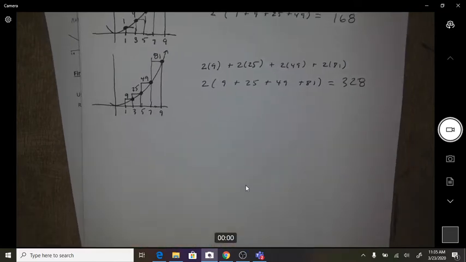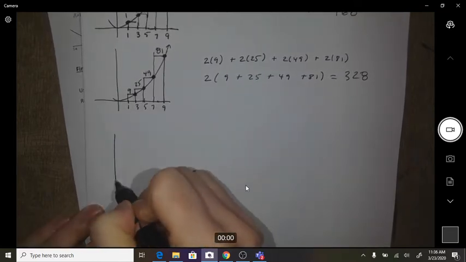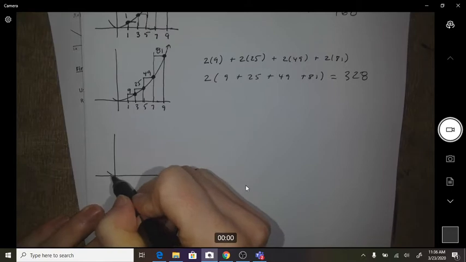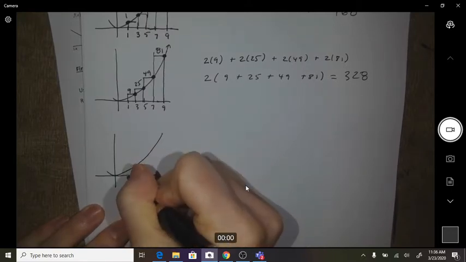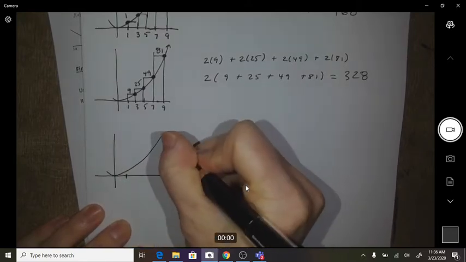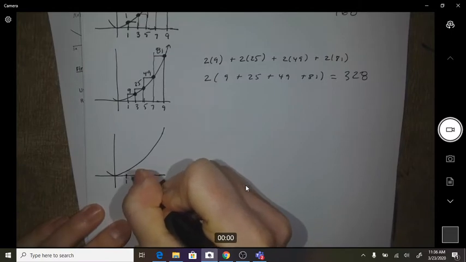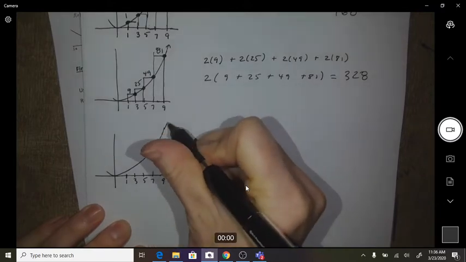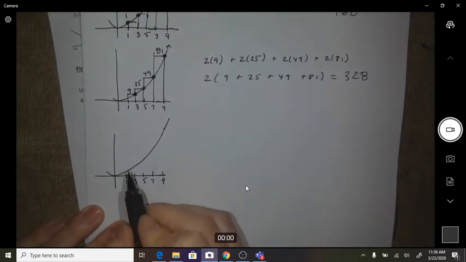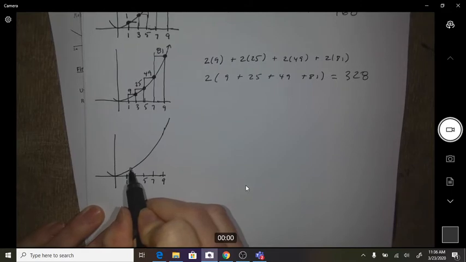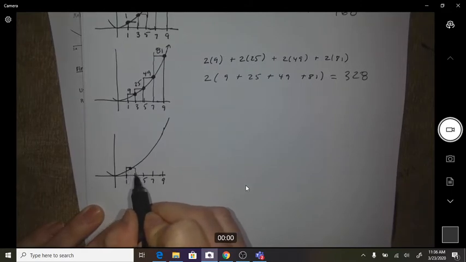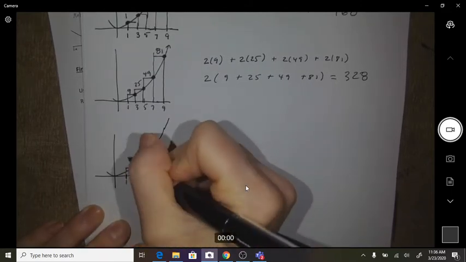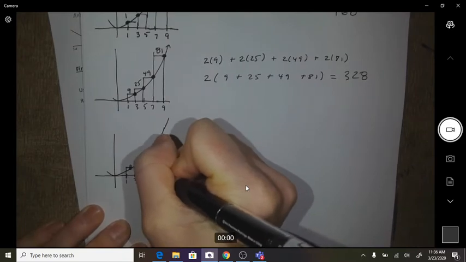200 and something. Okay, so now we're going to do rectangles from the midpoints. Okay, so my rectangle in the midpoint would look like that. So the midpoint is right here.